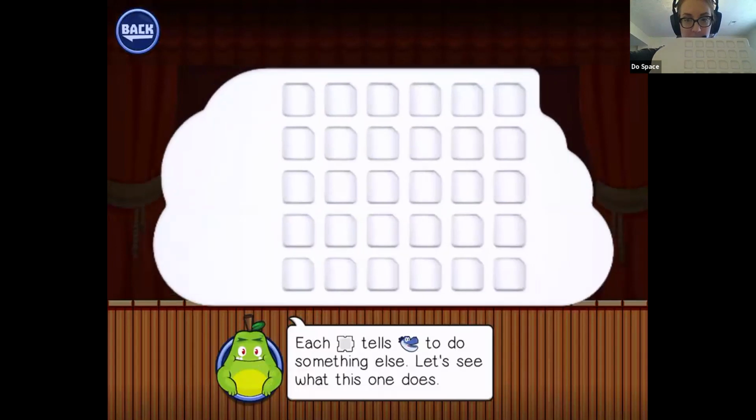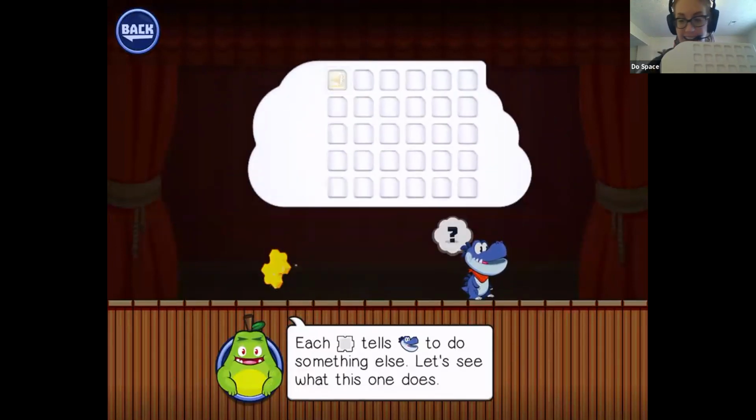Okay, I need to clear my tray, and I need to find a tile that looks like the one I see, which I thought I had out, and I'm realizing I didn't. I need to find one that looks like this. So let's see.